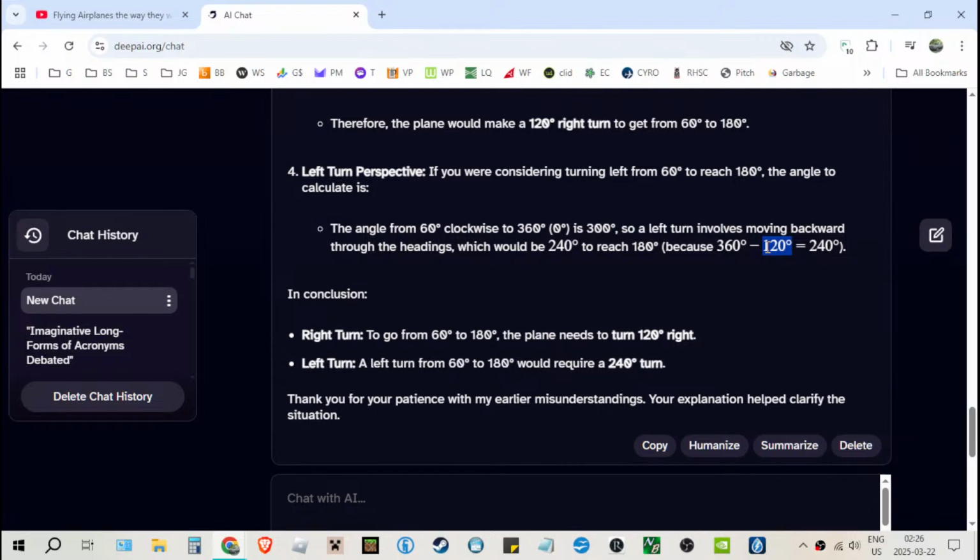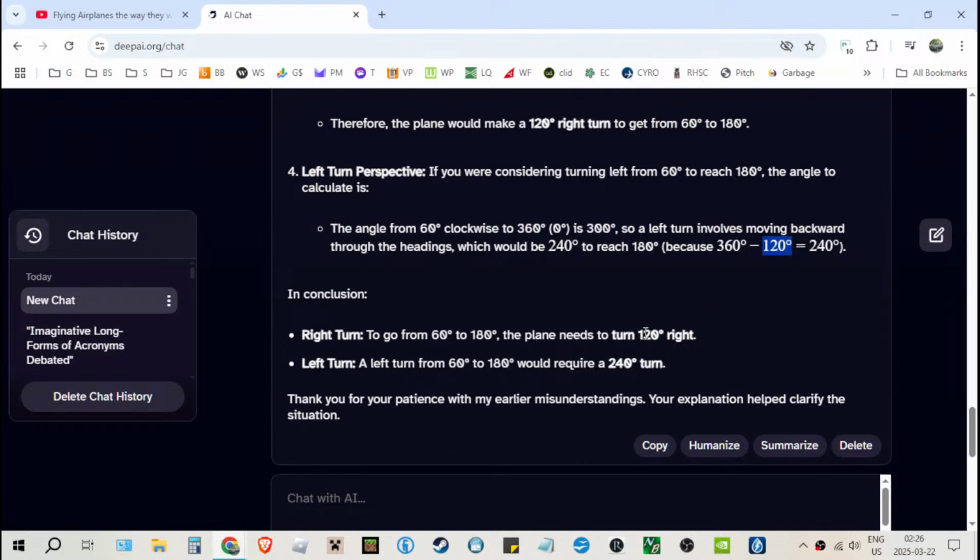So this would have to go down to 100. So it didn't just take 60 times 2 to get 120. I'm still confused how it grabbed 120.